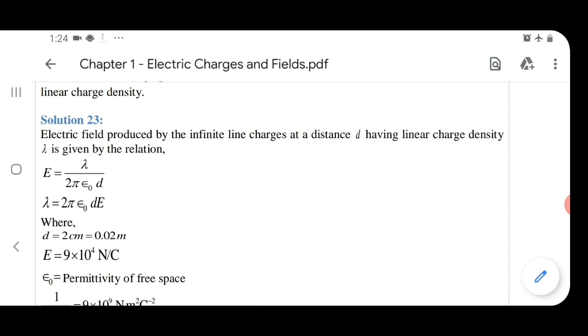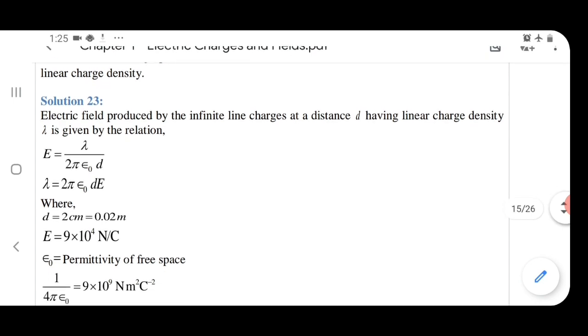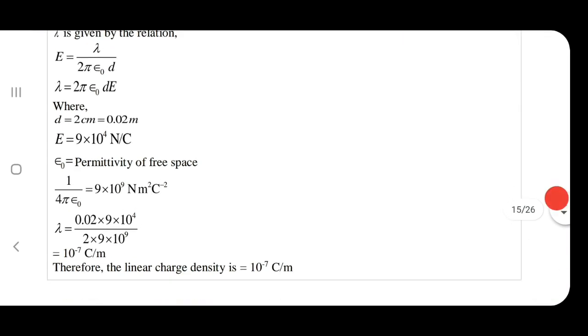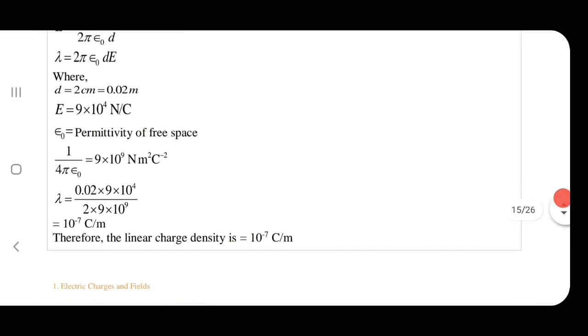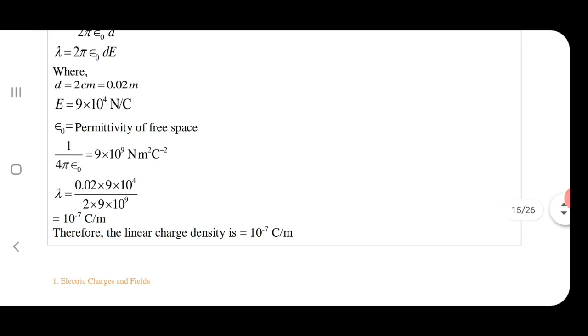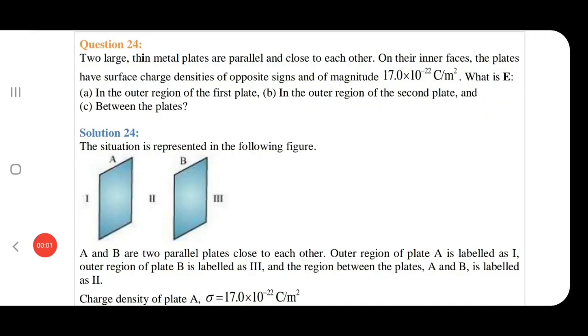No problem. So what will be the expression for lambda? Lambda will be equal to 2 pi epsilon 0 into d into E. Direct substitution, and we'll get the answer to be 10 raised to minus 7 coulomb per meter. Now question number 24. Two large thin metal plates are parallel and close to each other.